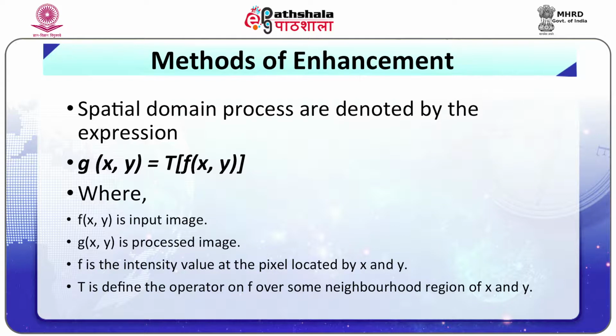Spatial domain processes are denoted by the expression g(x,y) = T[f(x,y)], where f(x,y) is the input image, g(x,y) is the processed image, f is the intensity value at the pixel located by x and y, and T is the operator defined on f over some neighborhood region of x and y.